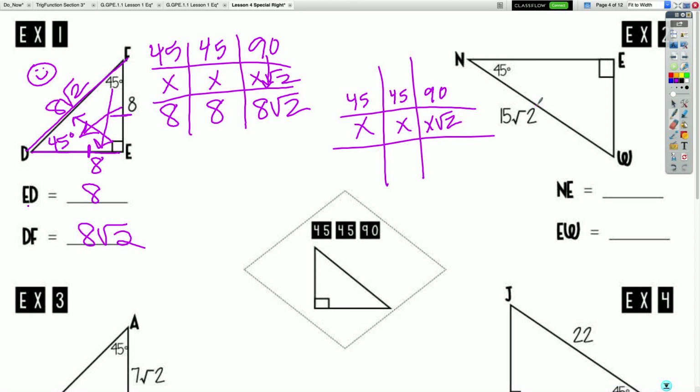So we want to draw our arrow straight across, and it should go under which one? Just think that to yourself and write it down. So where do I plug in that 15 square root of 2? Good. Good. Okay, draw your little chart again.